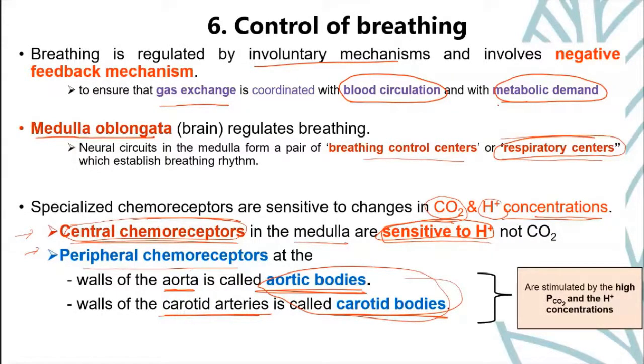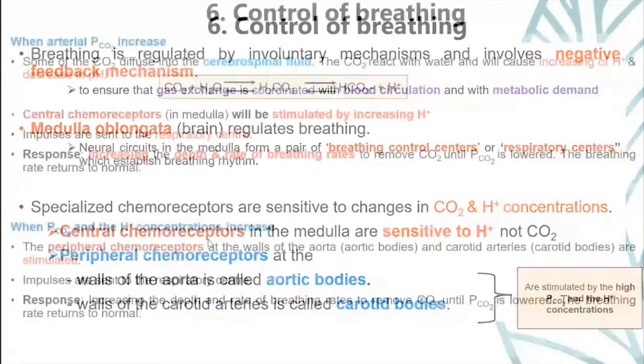So the peripheral chemoreceptors are stimulated by high concentration of carbon dioxide partial pressure and also hydrogen ion concentration. Ingat kalau central chemoreceptor pada hydrogen ion saja, tapi kalau peripheral untuk kedua-dua carbon dioxide and also hydrogen ion concentration.